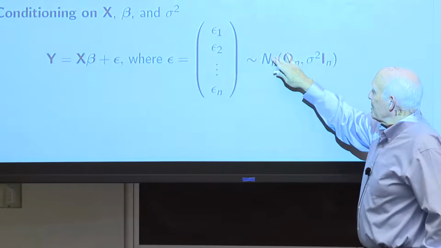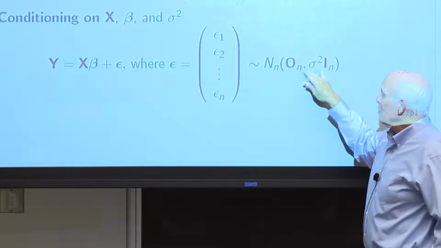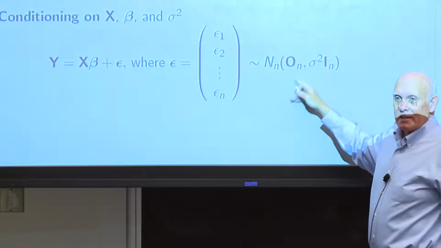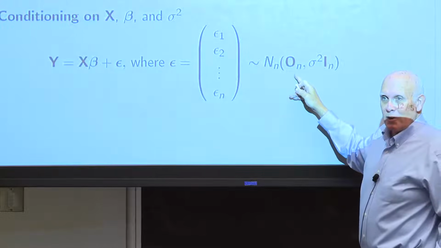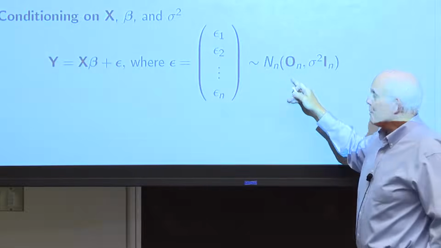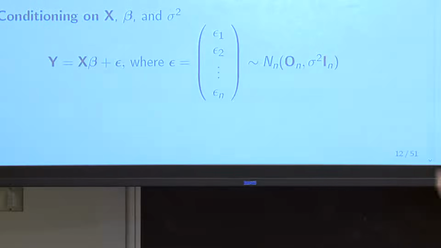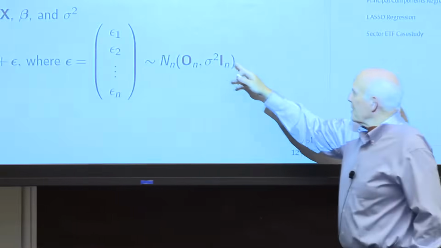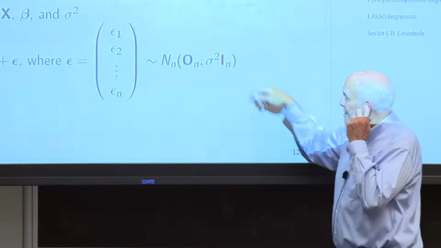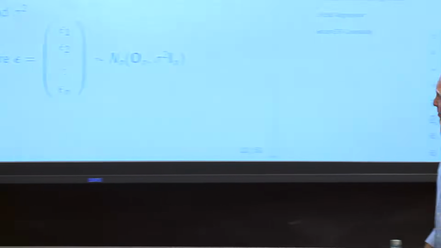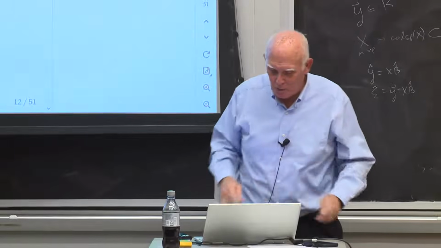And the error vector, epsilon 1 to epsilon n being IID normal, this in fact is equivalent to a multivariate normal distribution of dimension n with a 0 vector for the mean and a covariance matrix that's diagonal with constant variance. So this is going to be a convenient model for us to work with.